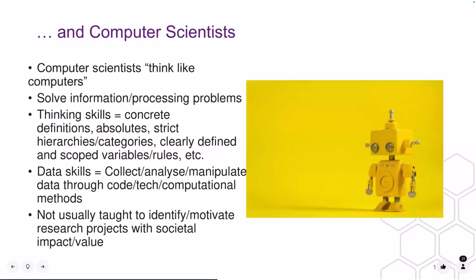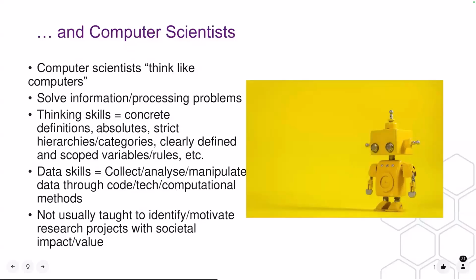And then we have computer scientists. Again, like I said, we're making big generalizations here, but in contrast to the human type thinking skills that social scientists have, we can say that computer scientists are trained to think more like a computer would. The thinking skills that they have are more along the lines of concrete definitions and absolutes.